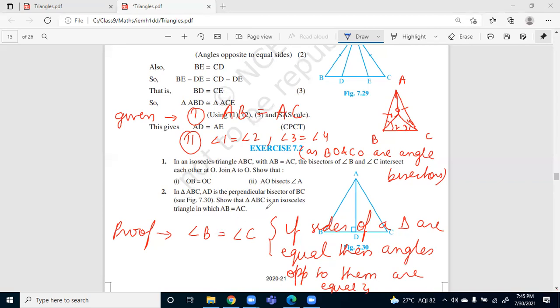So if we have written that AB and AC are equal, then the angles opposite to them will also be equal. So angle B is equal to angle C. Angle B I can write as angle 1 plus 2, and I can write C as 3 plus 4. Do you understand why I have written this?